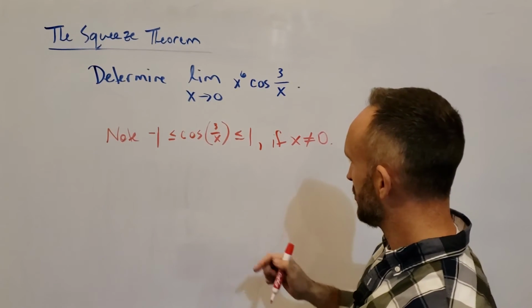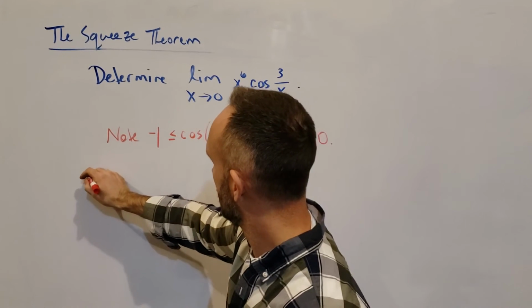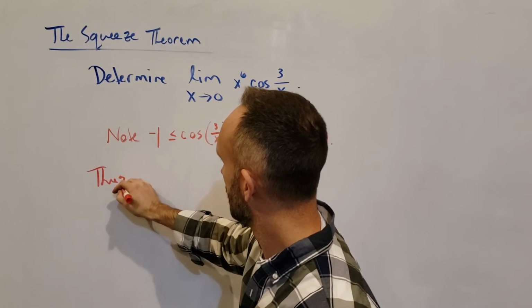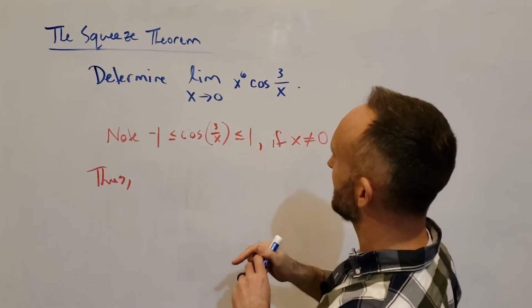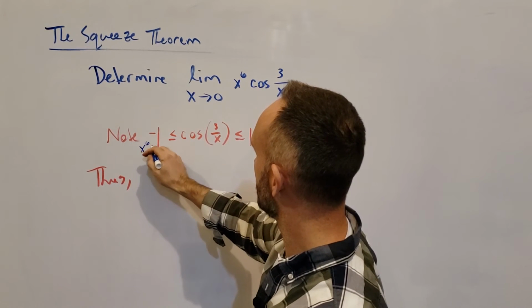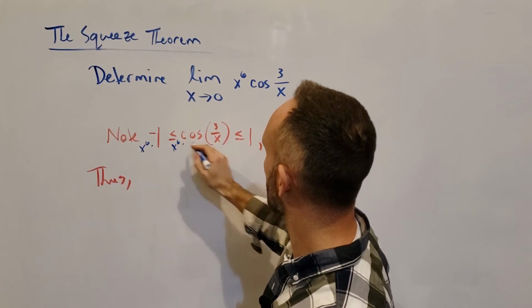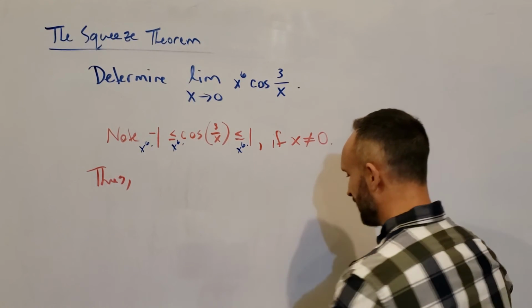So if that's true, we multiply all three sides here by x to the 6th. I'll multiply the left side by x to the 6th, I'll multiply the middle by x to the 6th, and I'll multiply the right by x to the 6th.